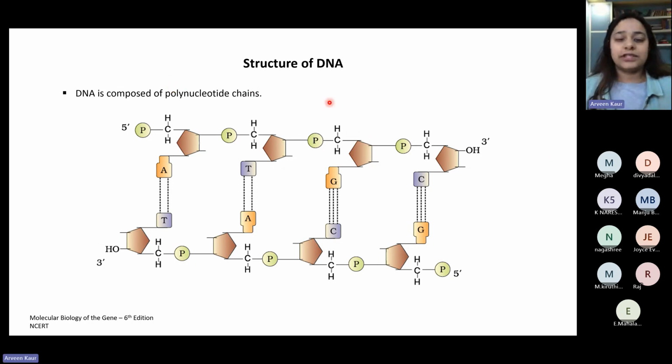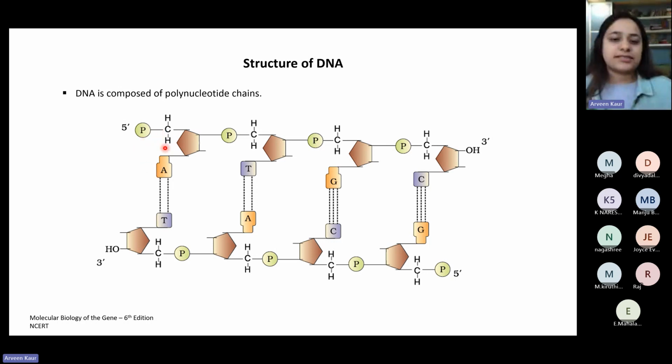DNA is composed of polynucleotide chains, like we were talking about. What are these polynucleotide chains? It is basically a segment of nucleotides attached to one another continuously in a chain-like manner, as is represented over here. So there are multiple nucleotides added.